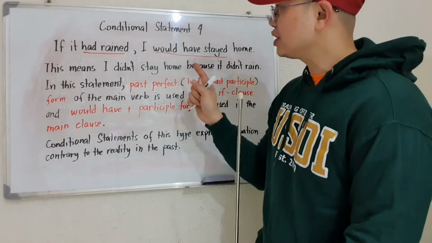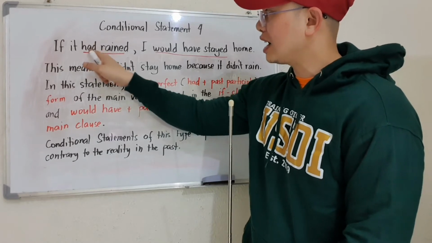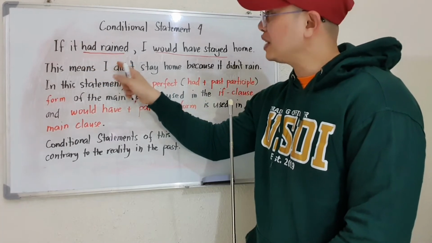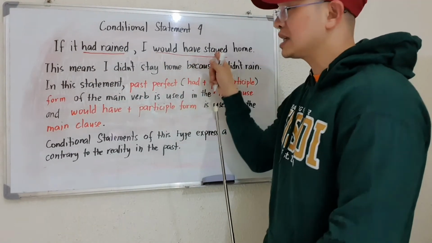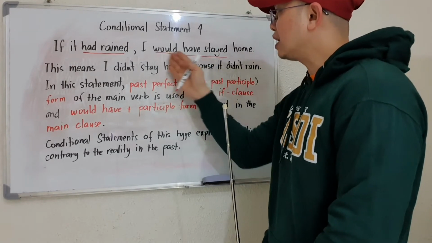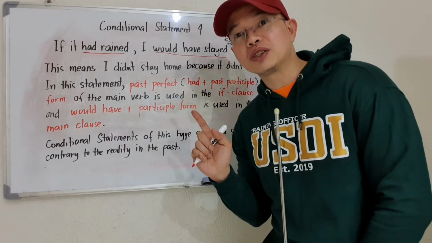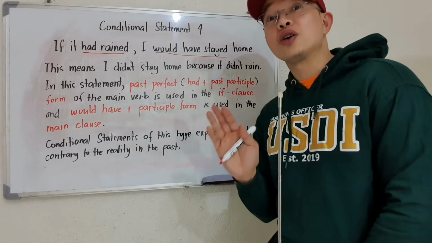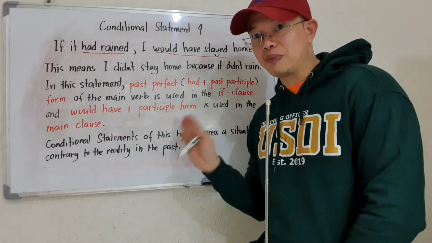In this statement, we use past perfect, the had plus past participle form of the main verb in the if clause, and we use would have plus the past participle form of the main verb in the main clause. All right? Conditional statements of this type express a situation contrary to the reality in the past.